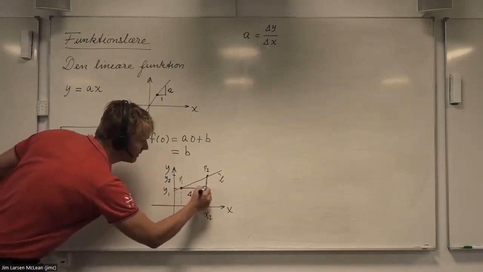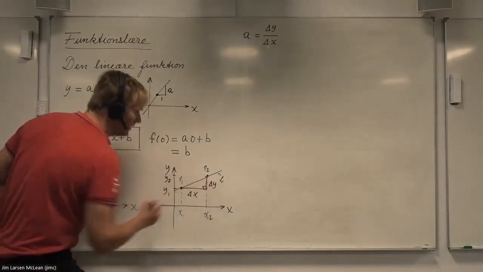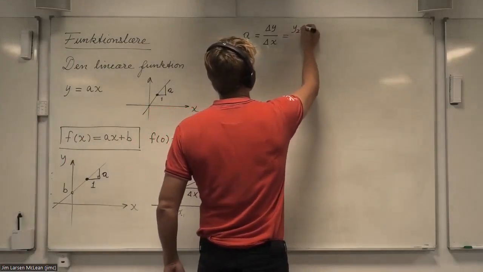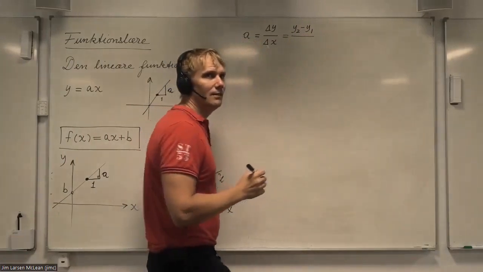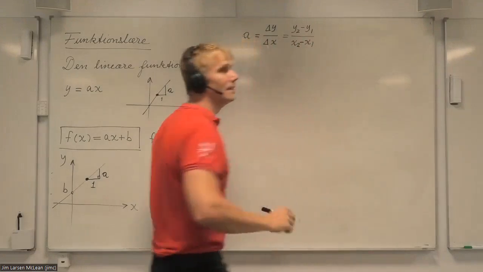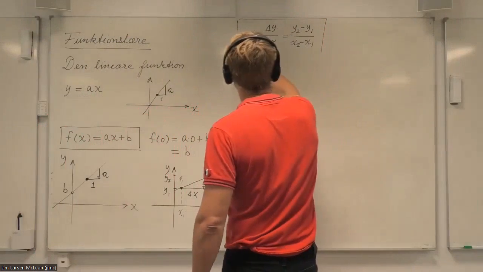It has changed from here to there. And up here we can see how much further it reaches. So that means y has changed by the y coordinate of P2 minus the y coordinate of P1, and then divide by the corresponding things on x. And now we have the solution. So this is how you find the slope of a straight line.